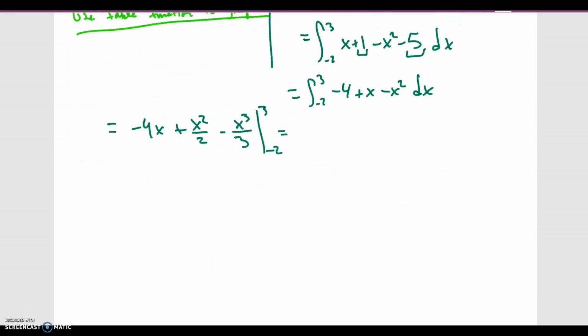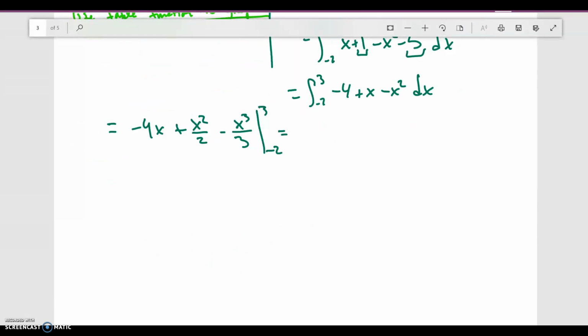Okay, so I'm almost done with this integration. I can just use the fundamental theorem of calculus.